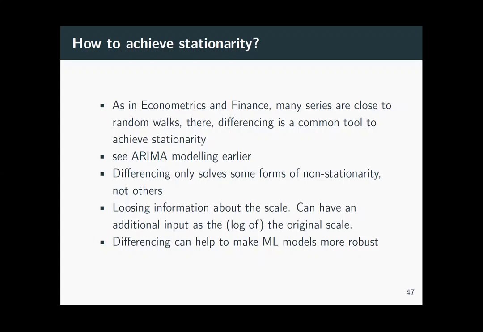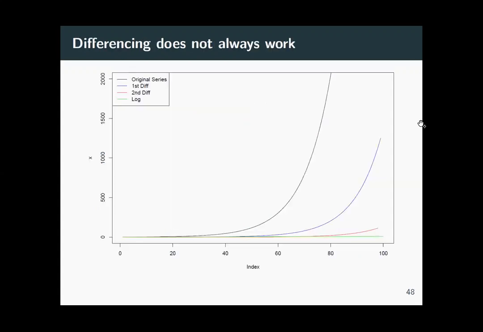So you are losing information about the scale. You can solve that by maybe having another input with the scale. And while differencing can help to make machine learning models more robust, there are situations where it won't work, right? So this is an example.